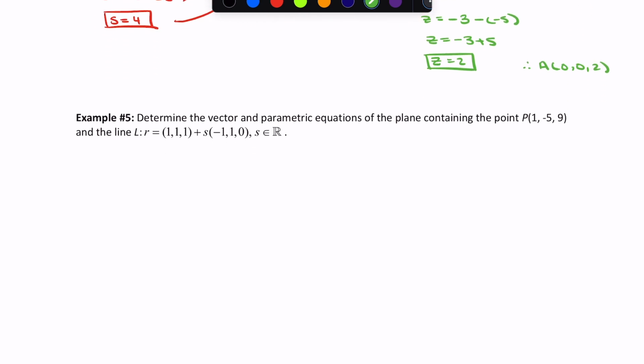And here, the last example, example number 5, says, determine the vector and parametric equations of the plane containing the point P, 1, negative 5, and 9, and the line L, which is represented as position vector r is equal to 1, 1, 1 plus s times negative 1, 1, and 0.